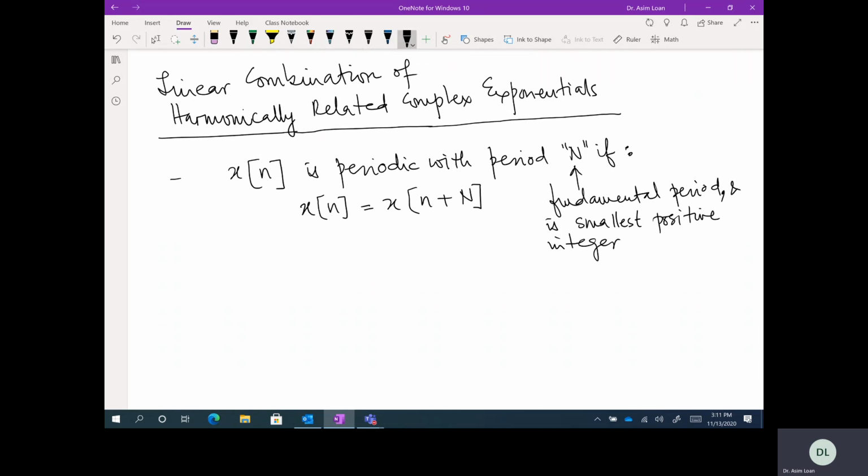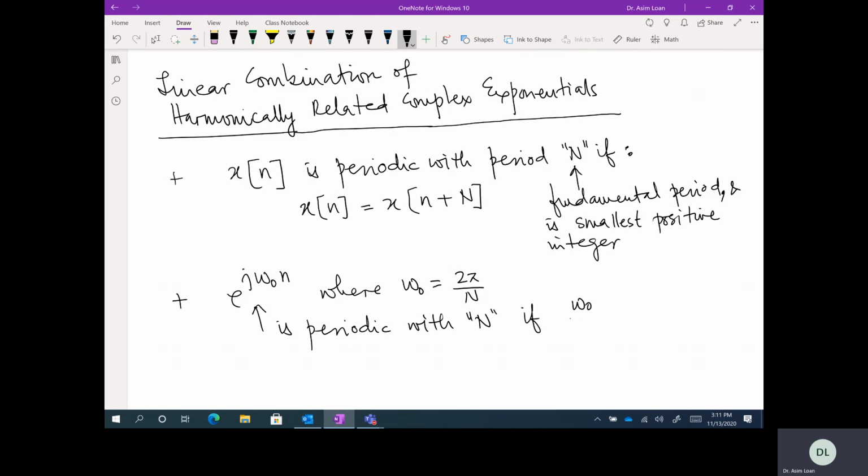What about e to the j omega naught n, where omega naught is 2 pi by N? It is periodic with N provided omega naught over 2 pi is m over N. So this is a rational number.